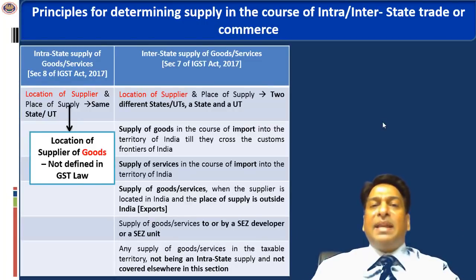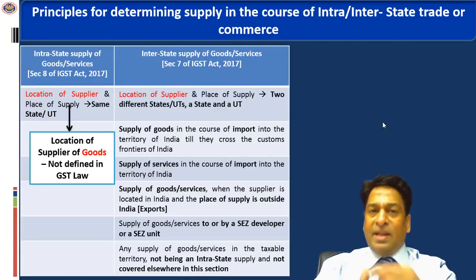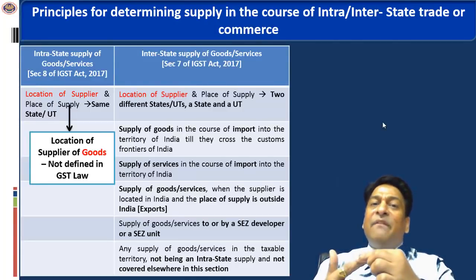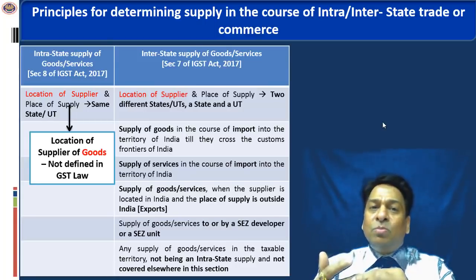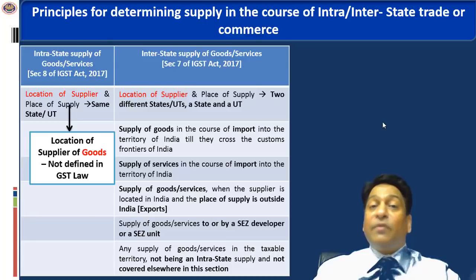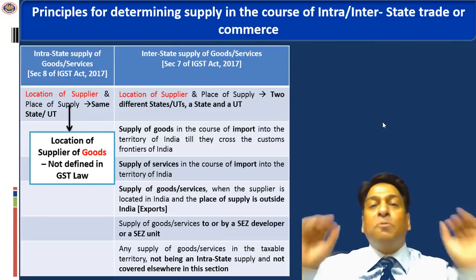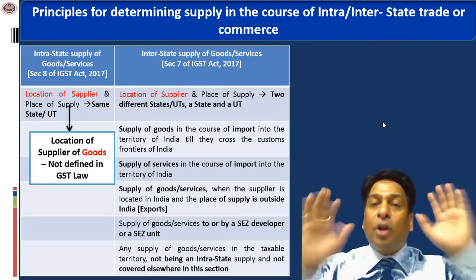Then we have to go back to the definition of place of business for the supplier of goods. His place of business, warehouse, showroom, factory, those kinds of parameters need to be looked into, and that could be called the location of supplier of goods.